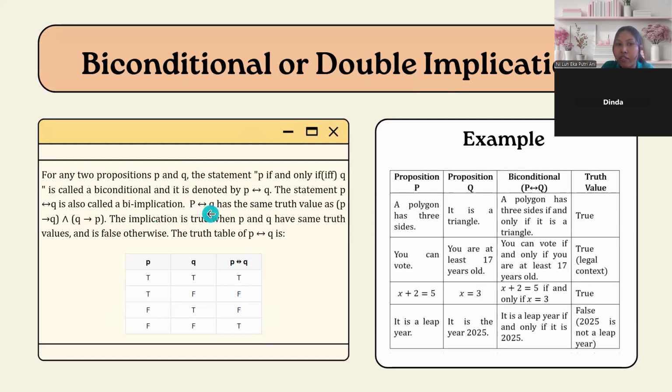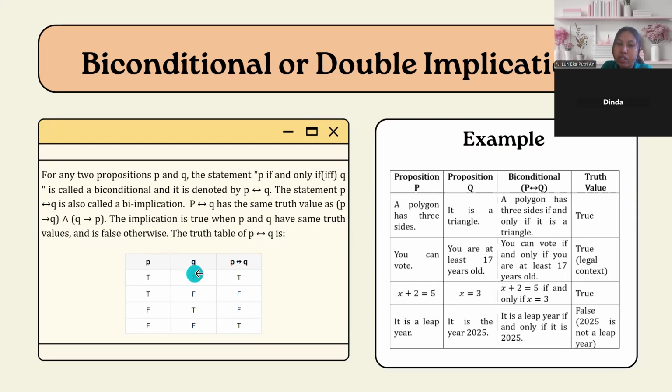P if and only if Q has the same truth value as: if P then Q, and if Q then P. The biconditional is true when P and Q have the same truth values and is false otherwise. The truth table of P if and only if Q is this.